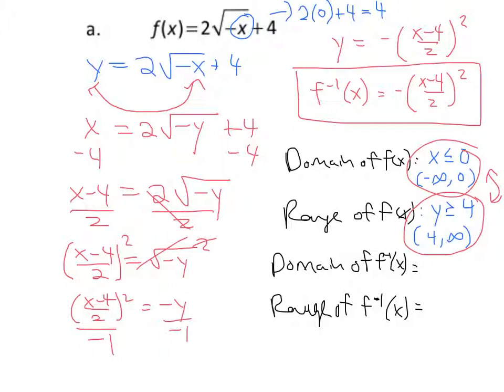So the domain of f inverse, instead of using y, we would say x is going to be greater than or equal to 4, or we could say 4 to infinity. And the range of f inverse is going to be the domain of f of x, but of course we're going to use y for range. So y is less than or equal to 0, and we could also say negative infinity to 0, which should have been a bracket up here too. And this should also be a bracket.